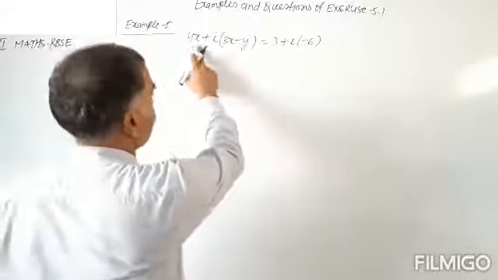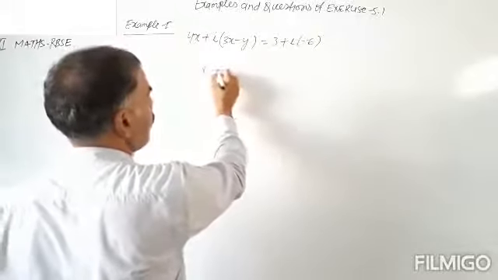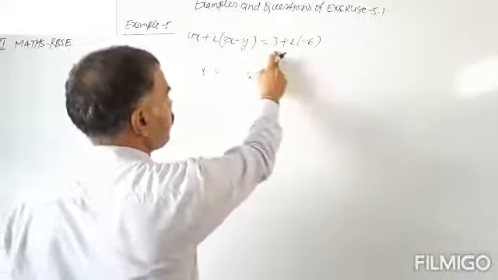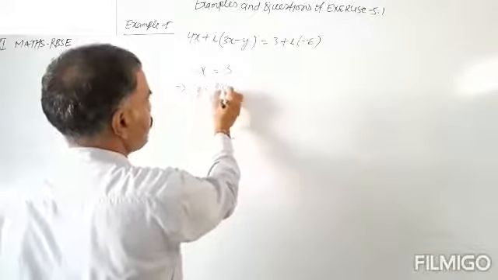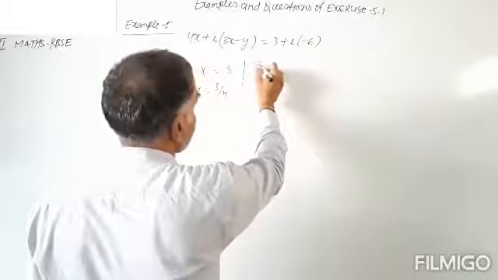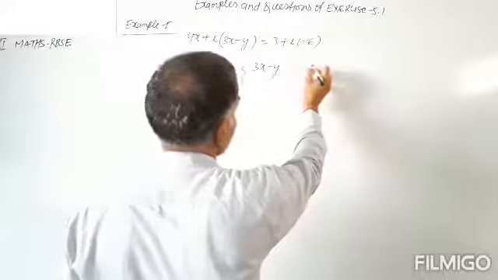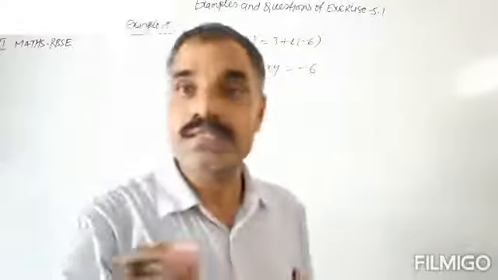Here the real part of the first complex number is 4x, and the real part of the second is 3. So 4x equals 3, which means x equals 3 by 4. The imaginary part of the first, 3x minus y, equals the imaginary part of the second, that is minus 6.